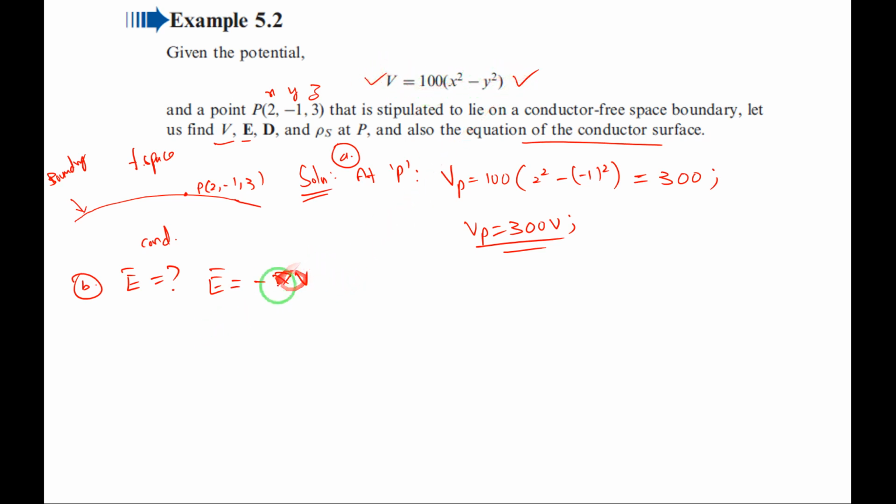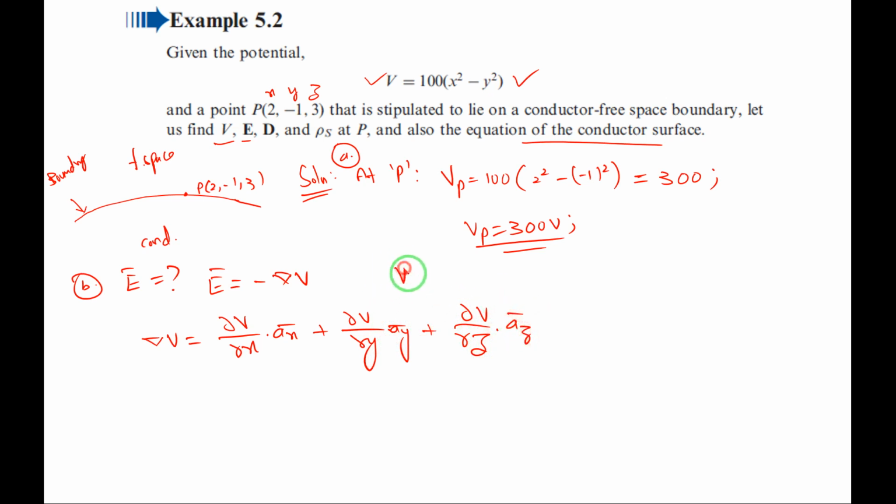So first we'll find del V. Since this is a Cartesian system, the gradient of a scalar point function is a vector: dou V by dou x into Ax plus dou V by dou y into Ay plus dou V by dou z into Az. So we will write V as 100 x square minus 100 y square.